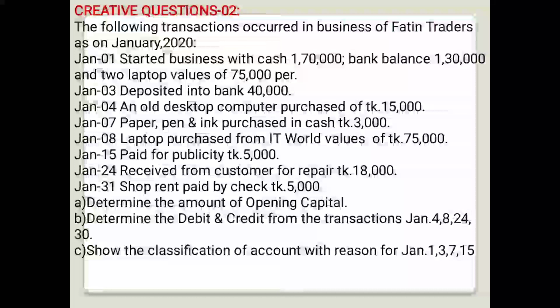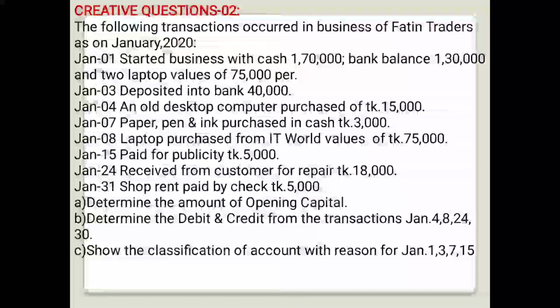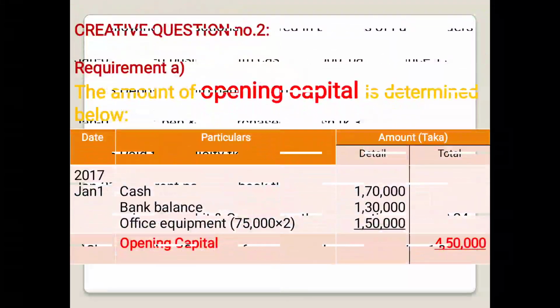Dear learners, now you are ready to write the solution of this creative question.